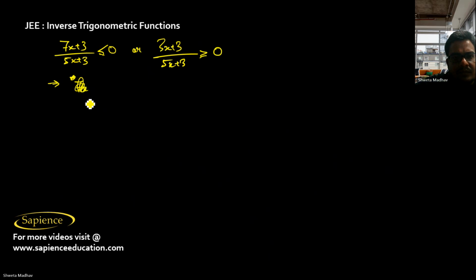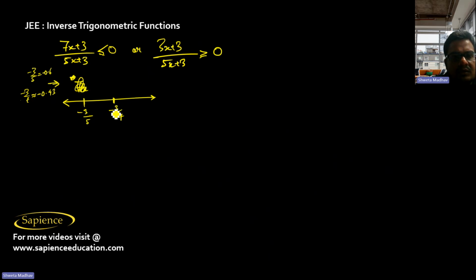Then we can take the number line. So this will be minus 3 by 7 and this is minus 3 by 5. Minus 3 by 5 means minus 0.6 and minus 3 by 7 is approximately minus 0.43. So minus 3 by 7 is greater than minus 3 by 5.